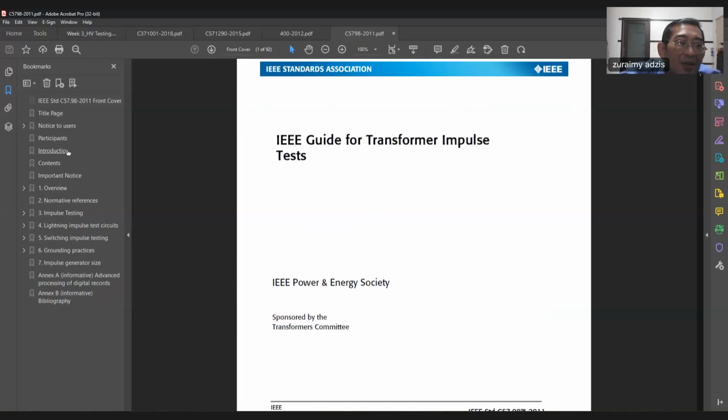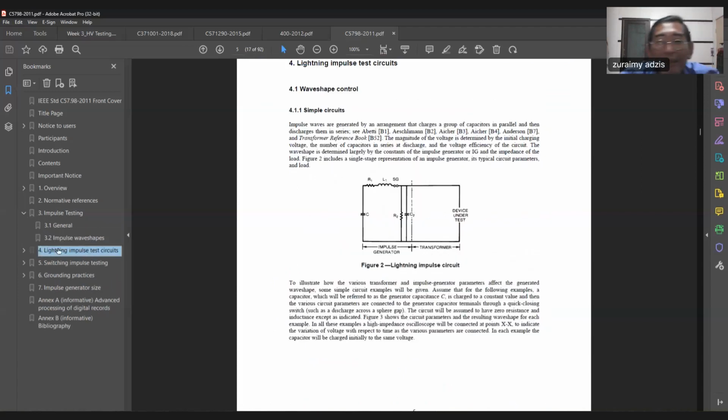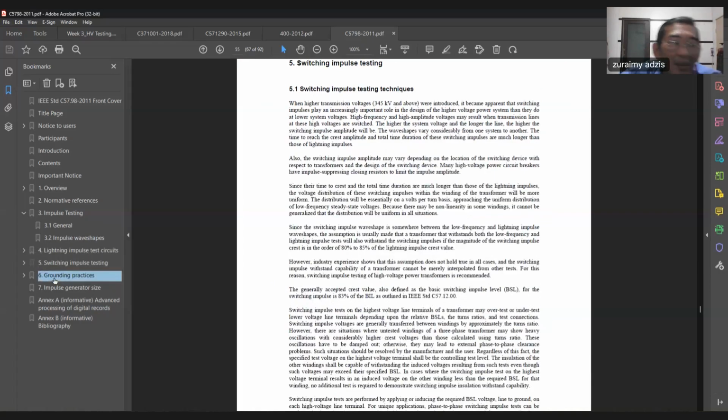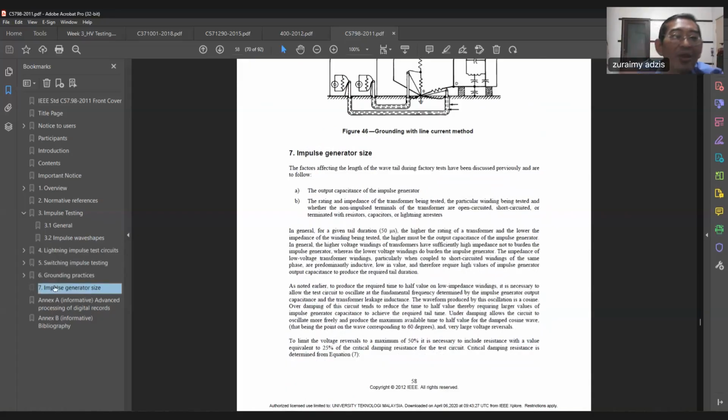All right, and look at the table of contents. Impulse testing, general. Impulse wave shapes should be either switching or lightning there. Lightning impulse test circuit. Switching impulse testing. Grounding practices. Impulse generator size. So you have more information specifically on impulse testing of transformers from this standard alone.